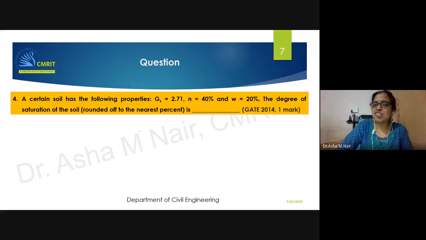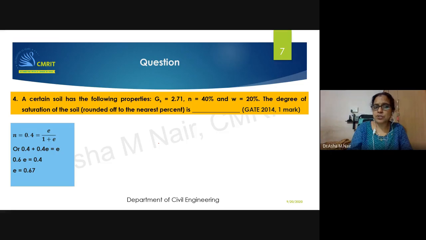What could be the expression that you may have to use? The expression is e into S equal to w into G itself. But before you go with that, you have to find out the value for e.